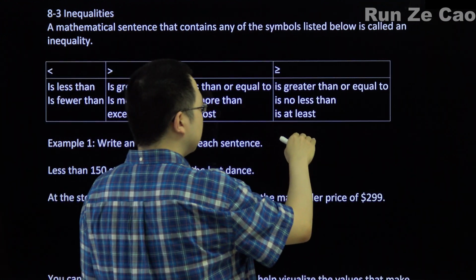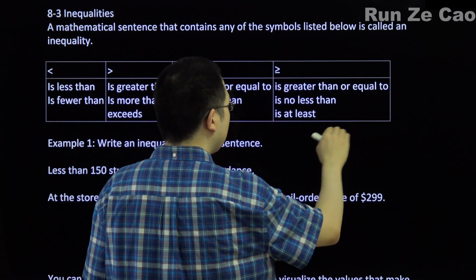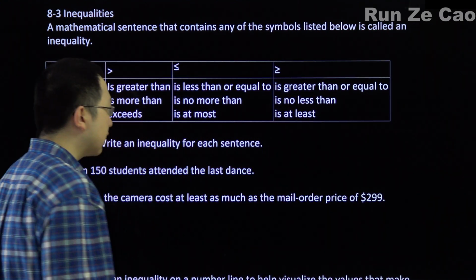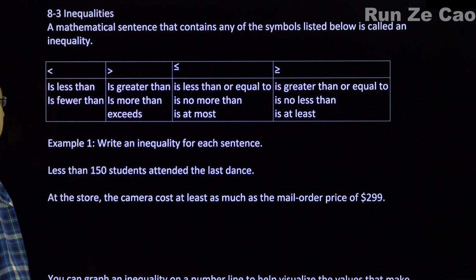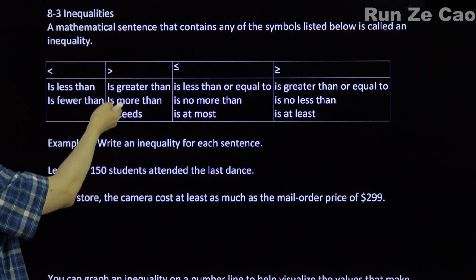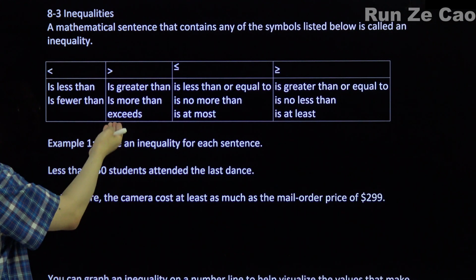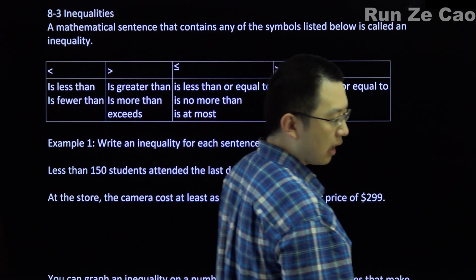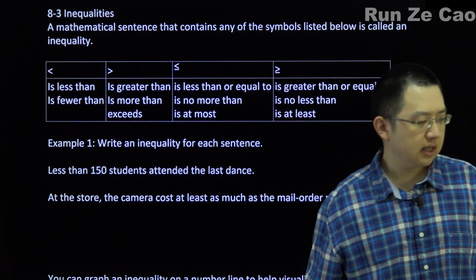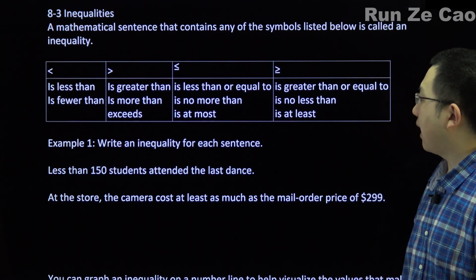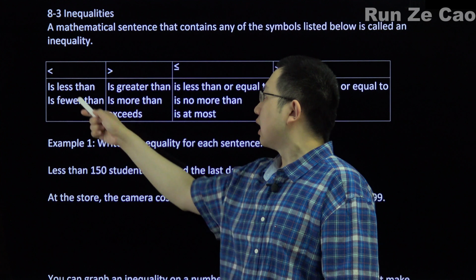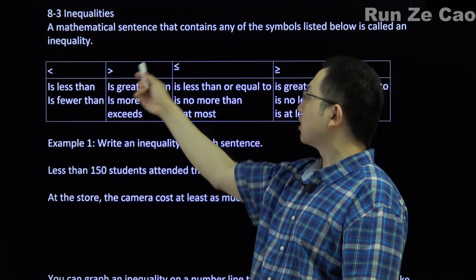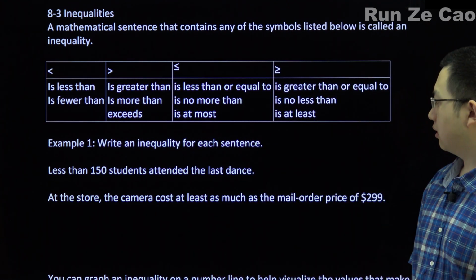At least, greater than or equal to, or no less than, they mean the same thing. Is greater than, is more than, or exceeds, they mean the same thing, which is strictly greater than something else. And is less than, is fewer than. Sometimes you see these as is strictly less than, is strictly greater than.